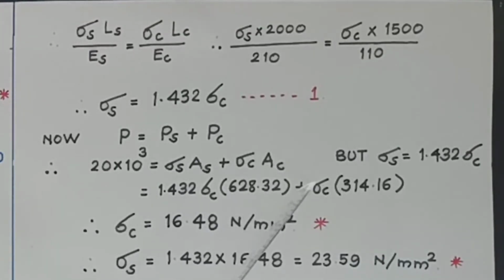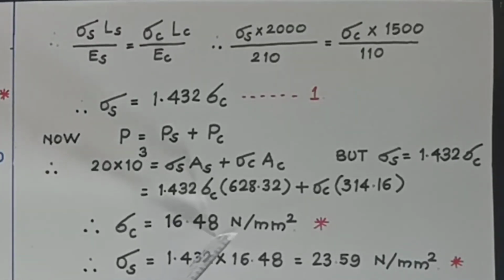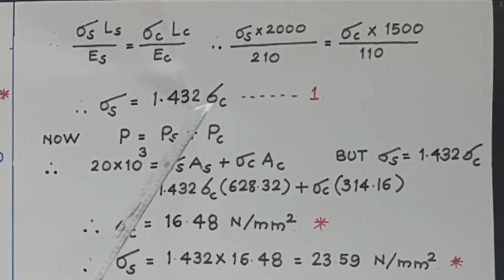If you solve this equation for sigma C, you will get sigma C is equal to 16.48 Newton per mm square. Put this value of sigma C in equation 1. We will get stress in steel as 1.432 into 16.48, which is 23.59 Newton per mm square.